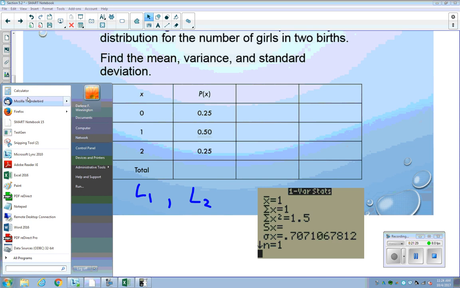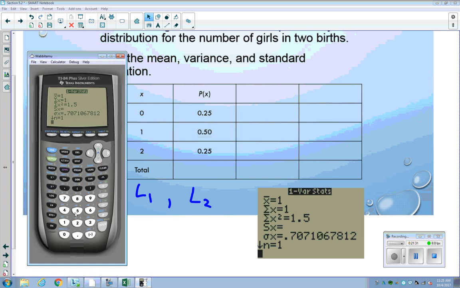So I can do that. I can take 0.707 and square that. When I round that, I'm going to end up getting 0.5. So I took 0.707, and I squared it. And that will give me the variance. The variance then, when I round that, is going to be 0.5.